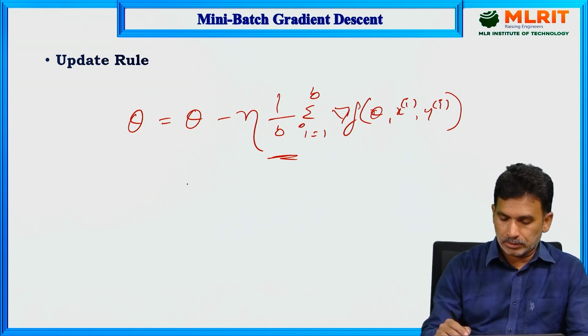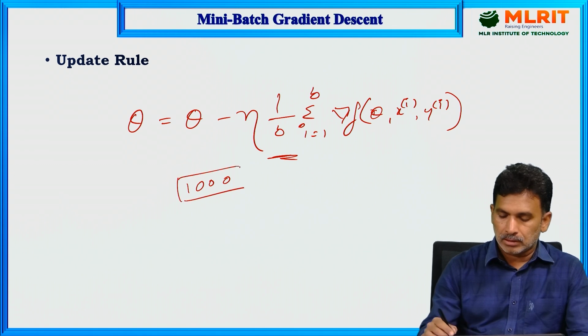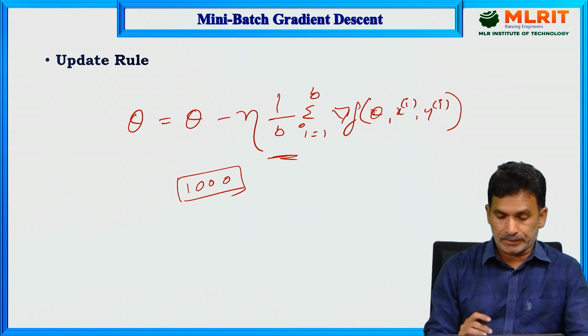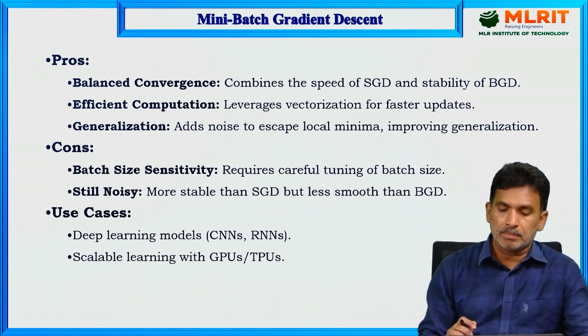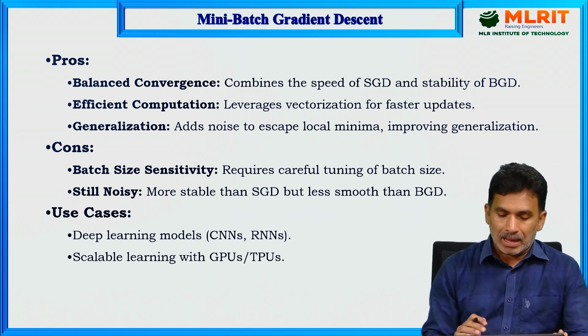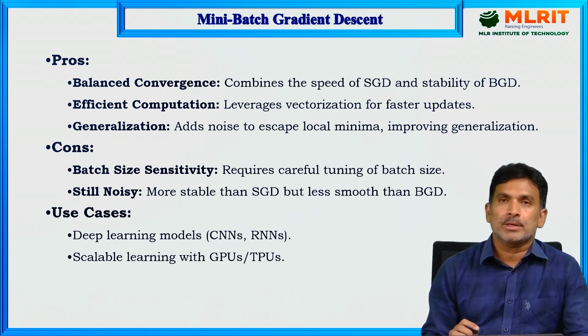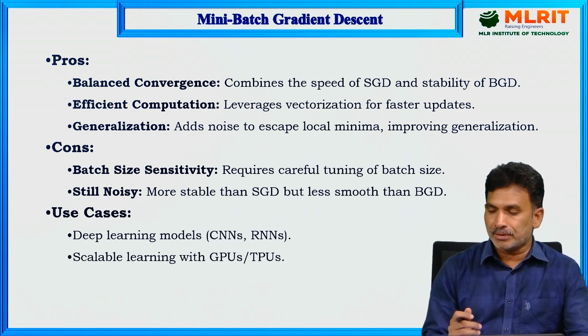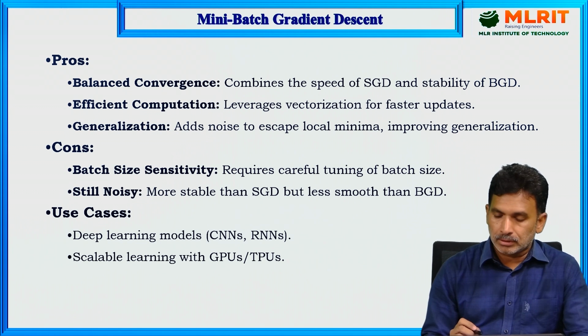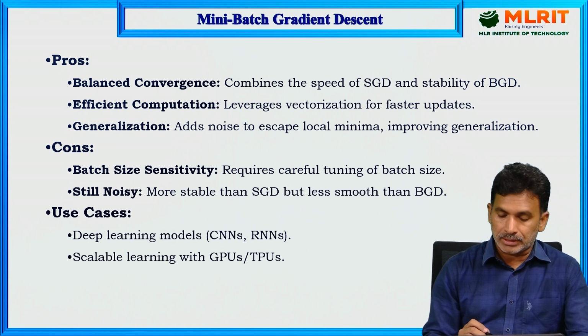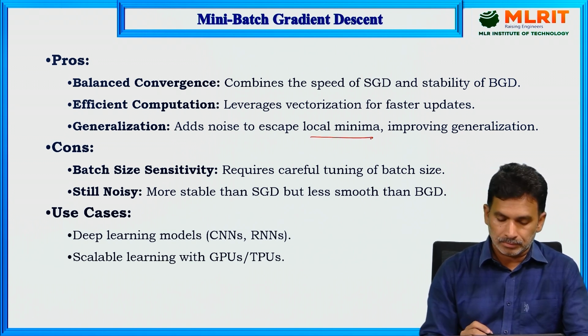Suppose we divide the data into batches of 1000 samples; each batch is evaluated and then the parameters are updated. If you look at the pros and cons of mini-batch gradient descent, it gives balanced convergence, combining the speed of stochastic gradient descent and the stability of batch gradient descent. It gives efficient computation, leveraging vectorization for fast updates. For generalization, it adds noise to escape local minima and improves generalization.